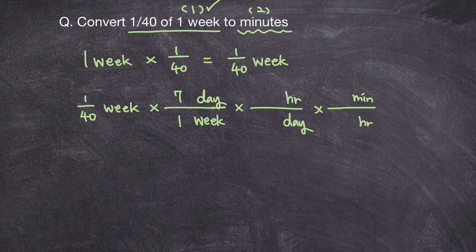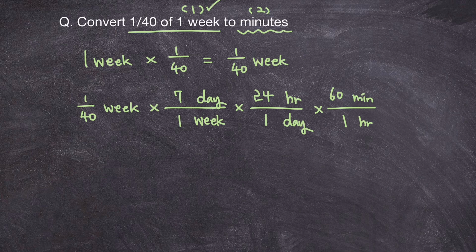So by multiplying these three fractions, I'm going to be able to eventually get rid of the unit of week and convert that to minutes, because I'm gonna be able to cross out these units and be left with only minutes. All I need to do is figure out how many hours are in 1 day, because this number has to equal this number, and this number has to equal this number. So in 1 day, I know there are 24 hours, and in 1 hour, I know there are 60 minutes.